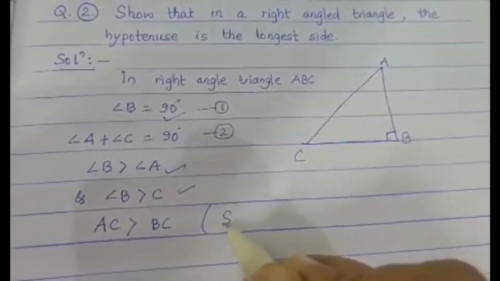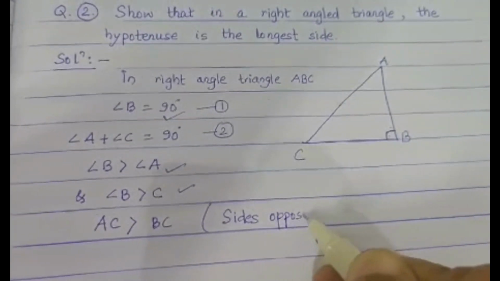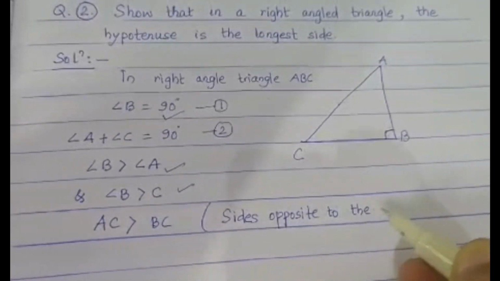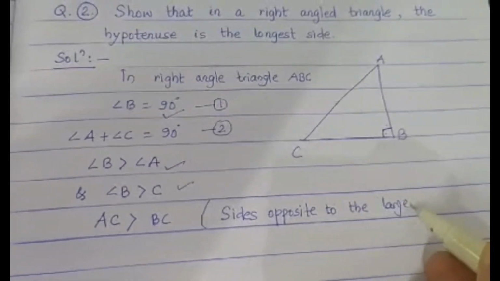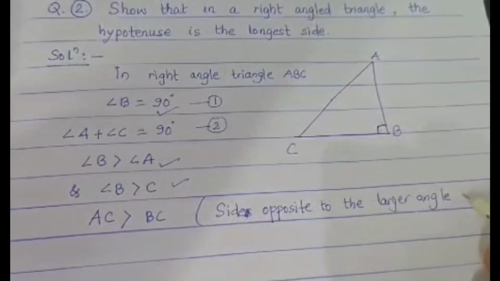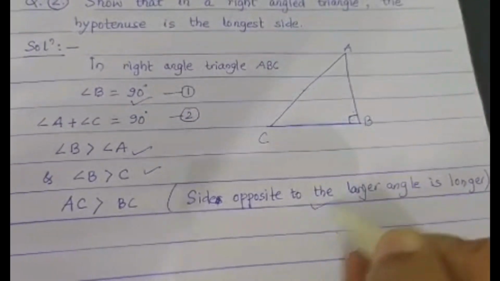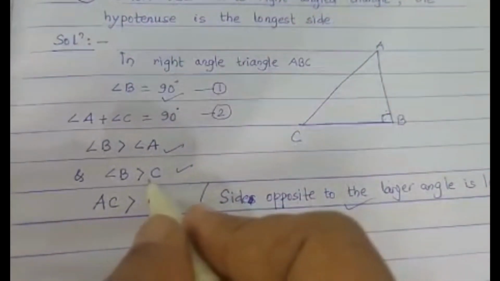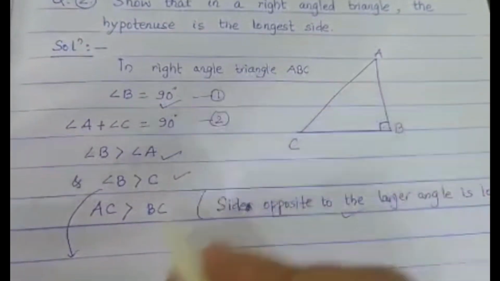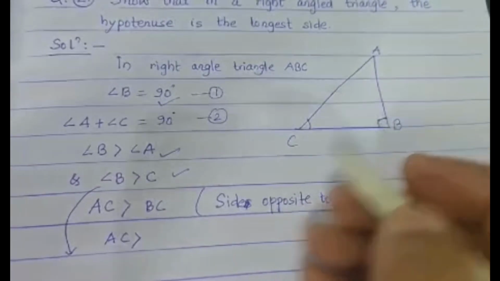Why? Because the side opposite to the larger angle is longer. We know this theorem. From here also we can write angle B is greater than angle C. That means AC is greater than, opposite to angle C, AB.